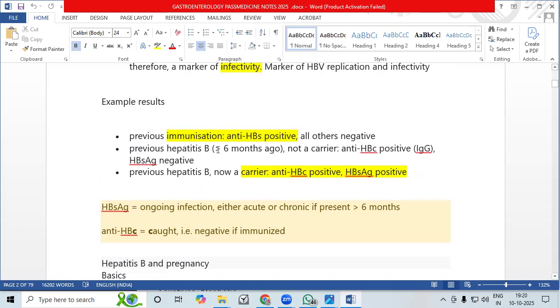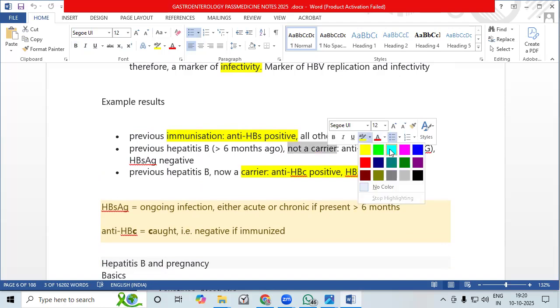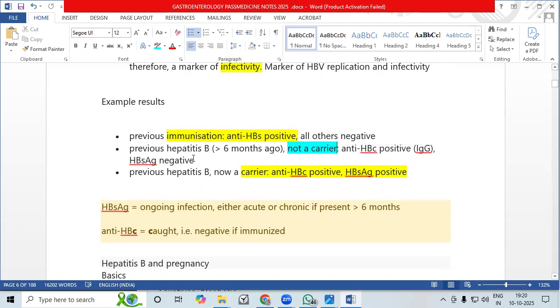Then previous hepatitis B more than 6 months and the patient is not a carrier: anti-HBc positive, IgG, and HBs antigen negative. Previous hepatitis B infection and now the patient is a carrier means HBs antigen is positive.